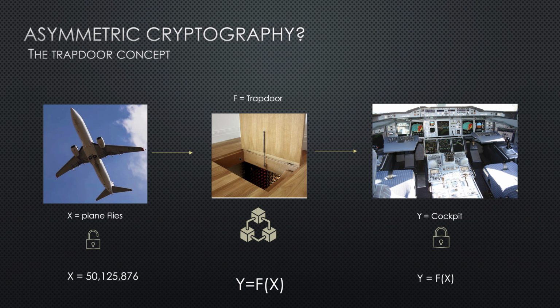And if I said to you, obviously you've got the trapdoor function, it's easy to calculate a number like that on a modern calculator, but it's almost impossible to reverse engineer it. So how did I get to that number, 50,125,876? Okay, that's the trapdoor function. Okay, so y equals f of x.